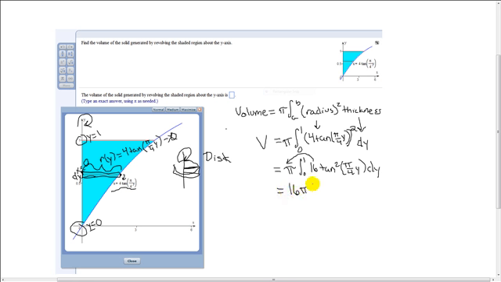And the 16 isn't really helping me here, and that's just a constant coefficient, so we can move that out front. So I'm going to write this as 16 pi integral from 0 to 1 of tangent squared pi over 4, I'm sorry for my handwriting, y.